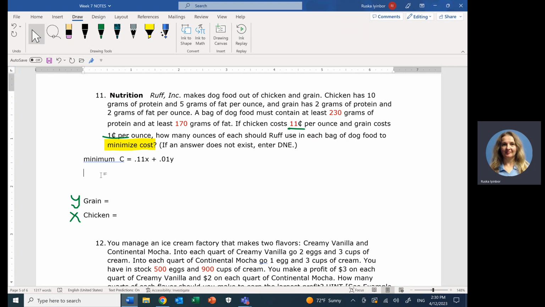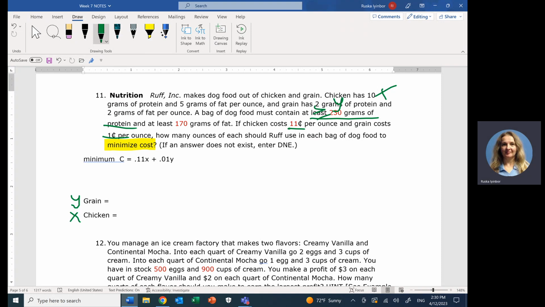So first let's focus on the protein. We have at least 230 grams of protein. At least means minimum, so whatever we get has to be greater or equal to 230. The chicken has 10 grams of protein, so it's going to be 10x, plus the grain has 2 grams of protein, so it's going to be 2y.